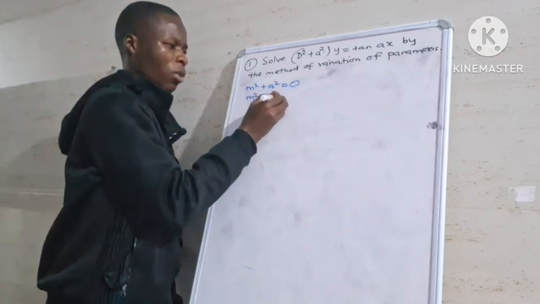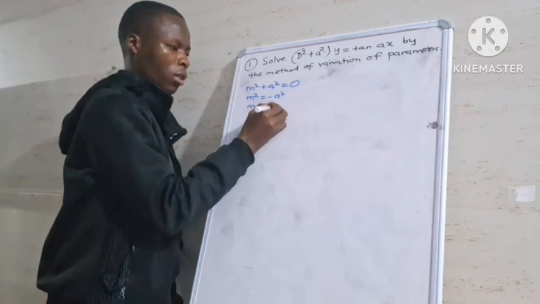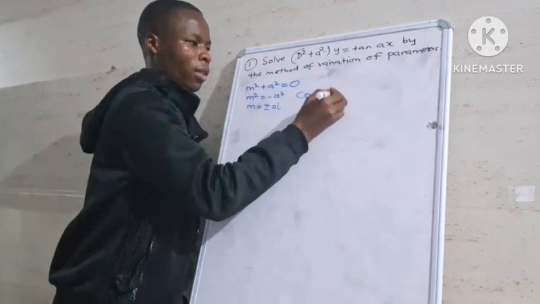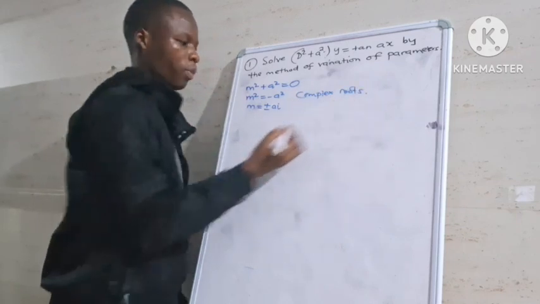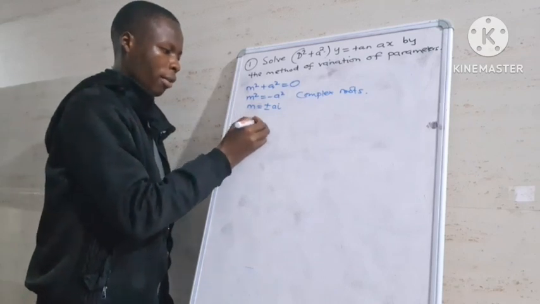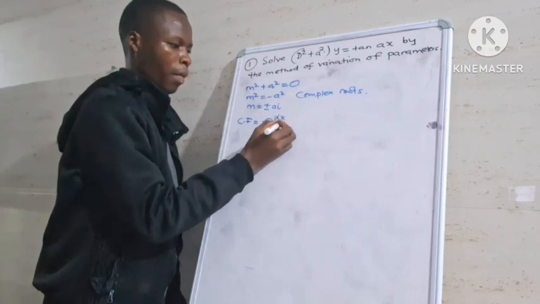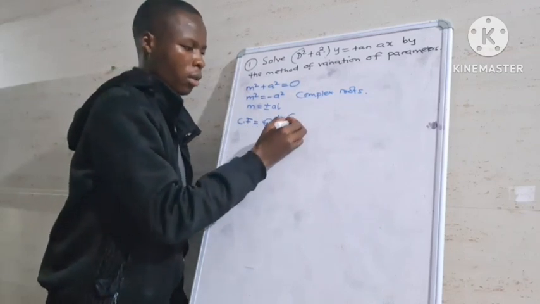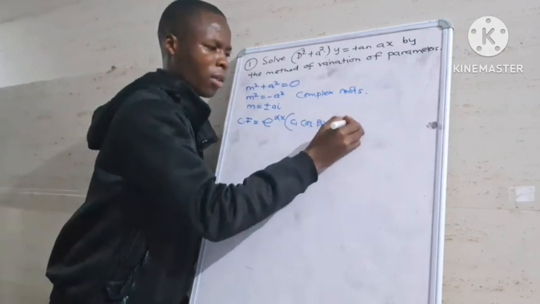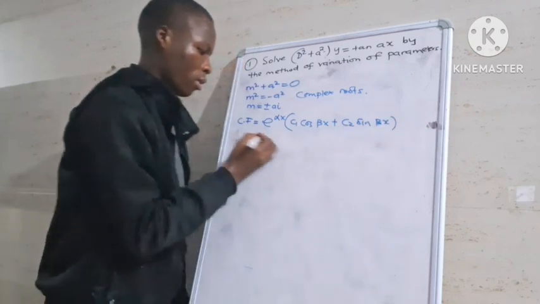m squared is equal to negative a squared, m is equal to plus or minus ai. The roots are complex roots. So the complementary function is equal to e to the power alpha x (c1 cos beta x plus c2 sin beta x).